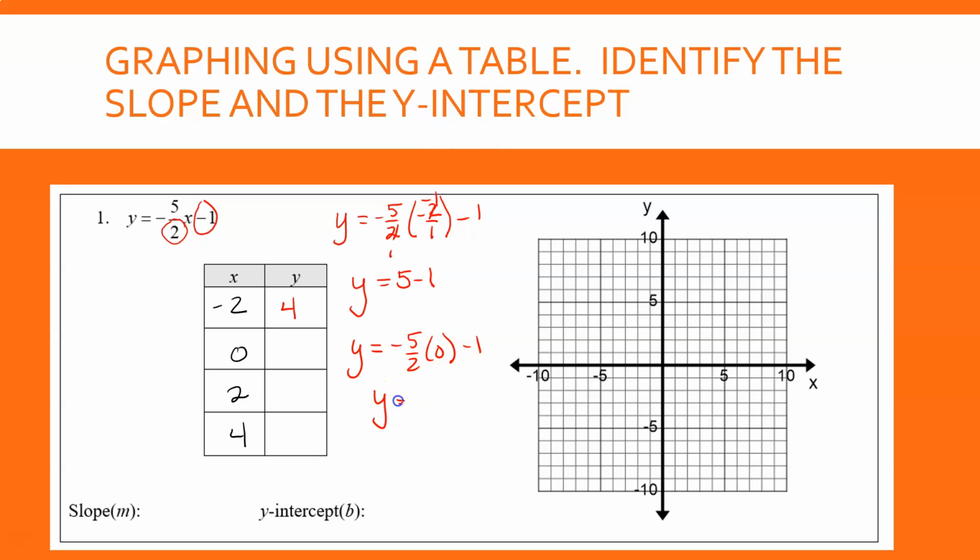We have y equals -1. So you know you're subtracting 5. So if I subtract 5 from here, I go to -6. 5 more brings me to -11. So I'm going to plot.